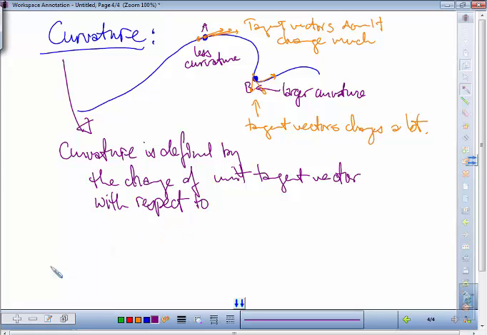By the way, in the future I'll say WRT for with respect to.